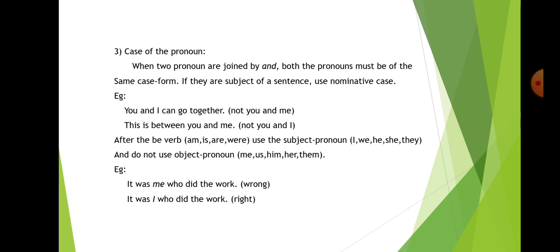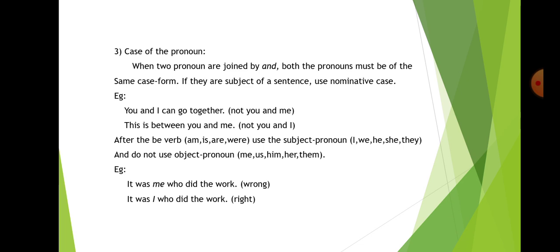For example, you and I can go together. Here, not you and me. Next sentence, this is between you and me. Here, not you and I.